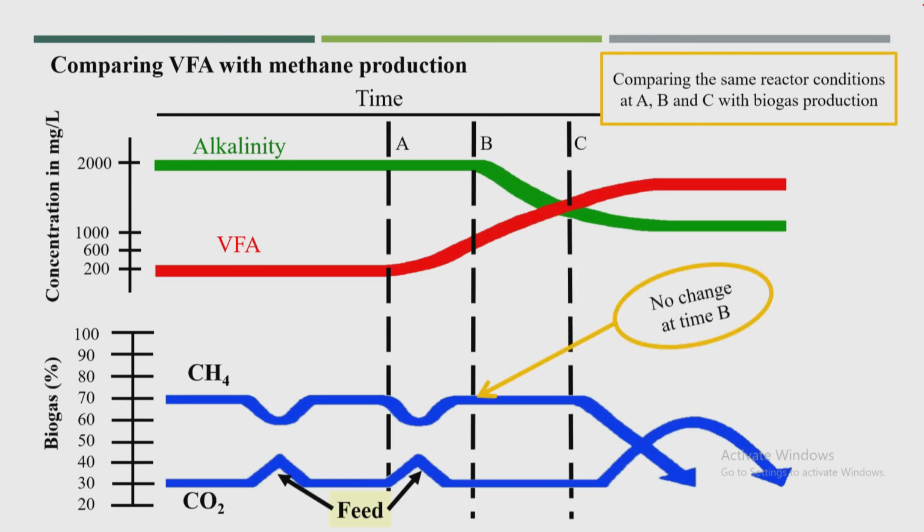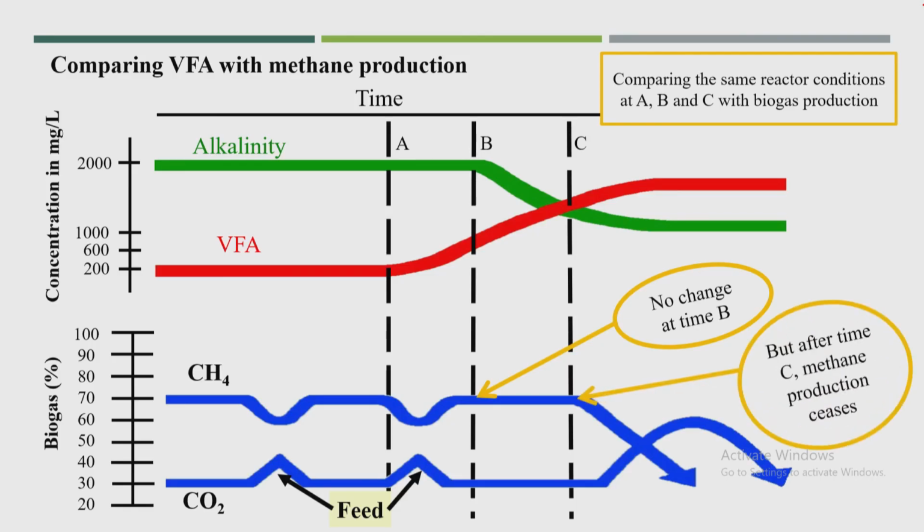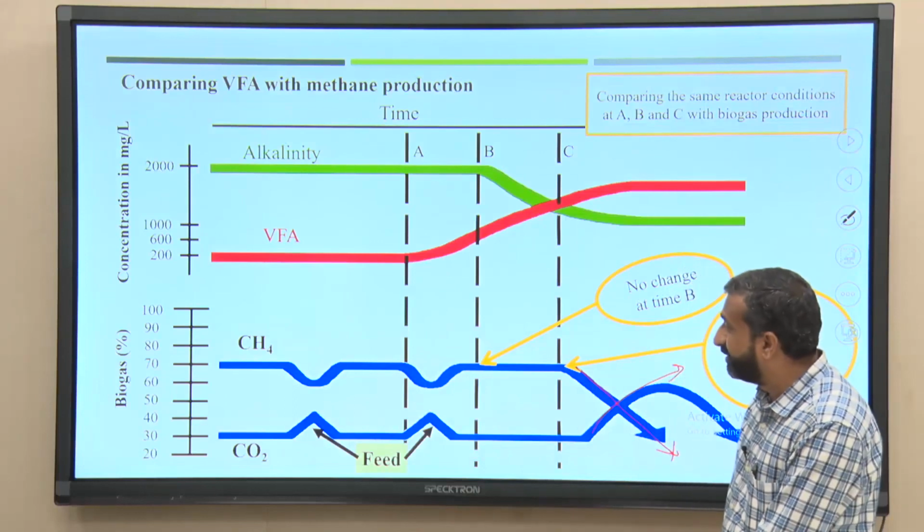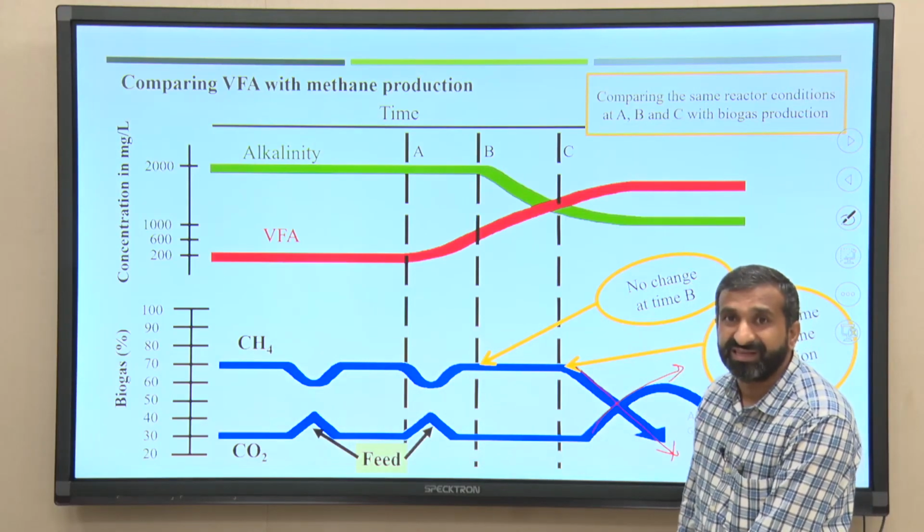There is no change in gas production or methane production until time B, where alkalinity is more than VFA, but at time C the methane production ceased, and after that methane production drops completely and carbon dioxide increase starts. So, see how important alkalinity and VFA production are in the reactor.